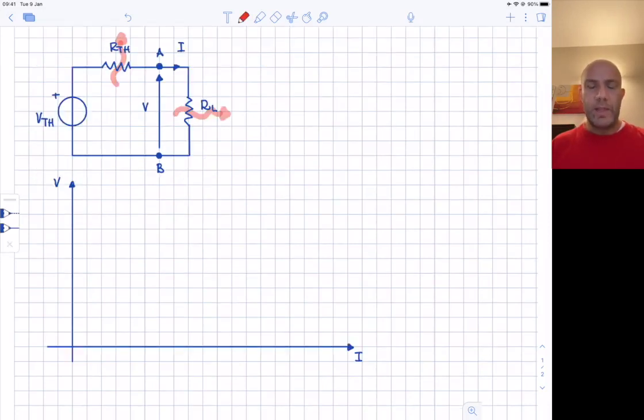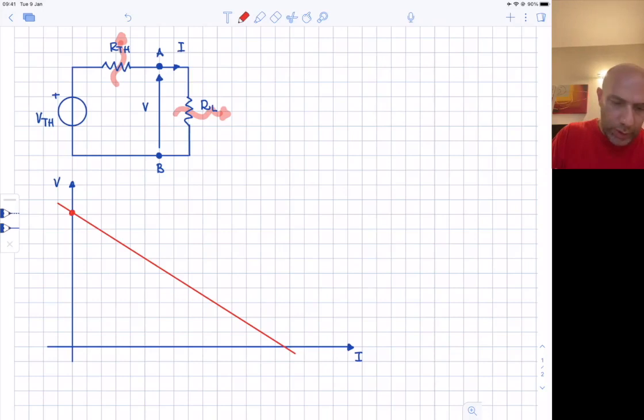We can investigate the behavior of the circuit before going into the analytic details by analyzing the characteristics of the two parts, the Thevenin's equivalent and the load resistance, in the VI plane. The characteristic of the Thevenin's equivalent is a straight line, like this one.